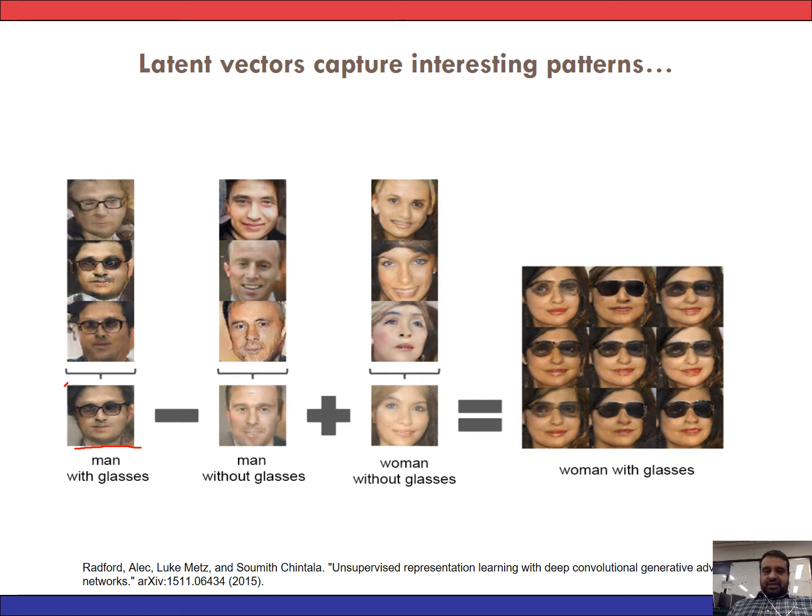They subtracted the latent space of the man with glasses from the latent space of the man without eyeglasses, and then they found the latent space of the woman and added this residual to the latent space of the woman without eyeglasses, and when they passed it through the generator, it generated very interesting results with the woman with glasses.